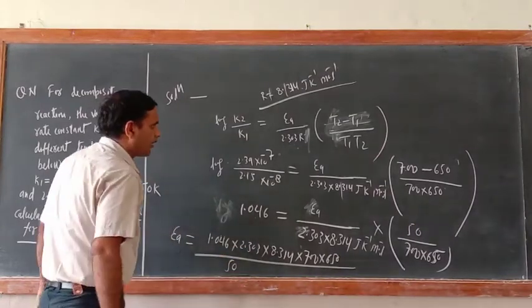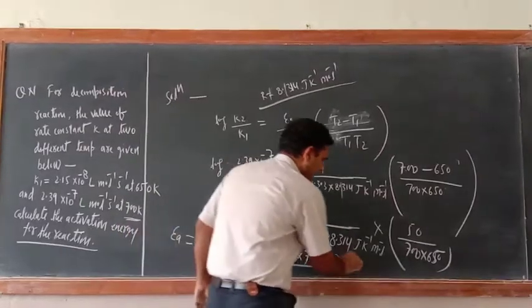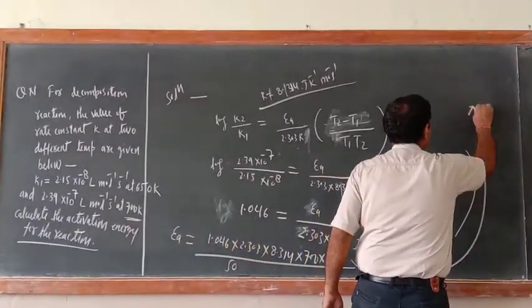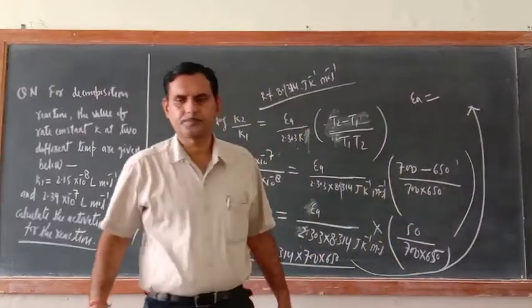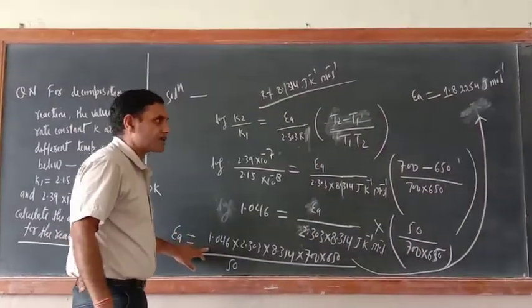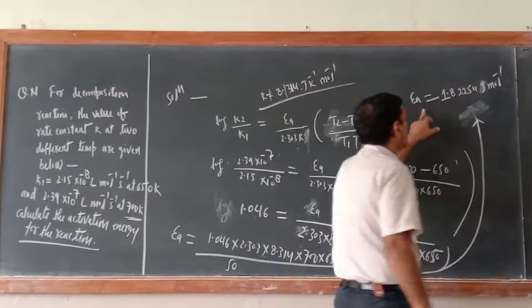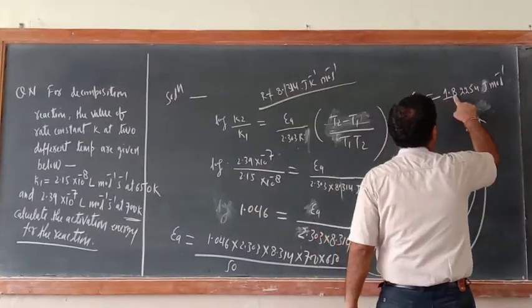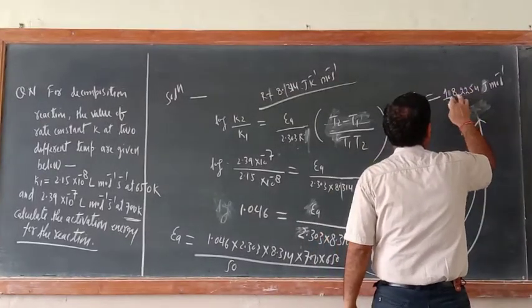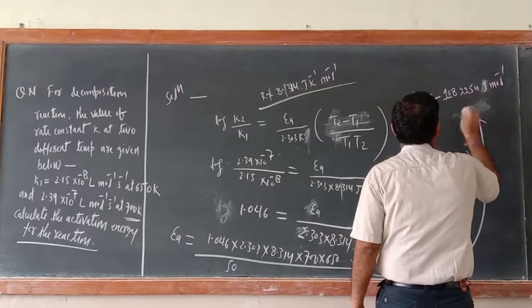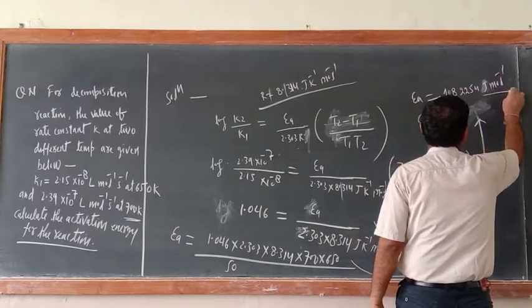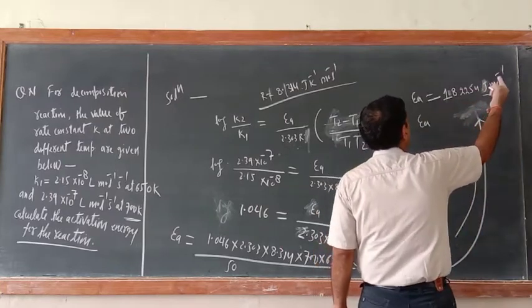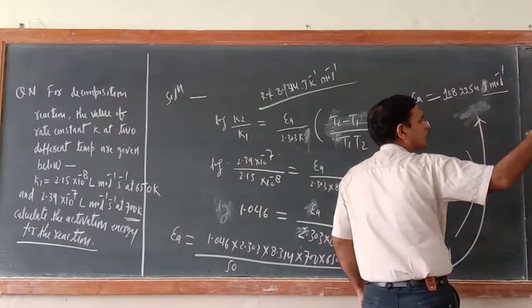So now if you solve this one, EA value equals 1.182254. So now EA, this one is given in joule. So you can convert this one into kilojoule.